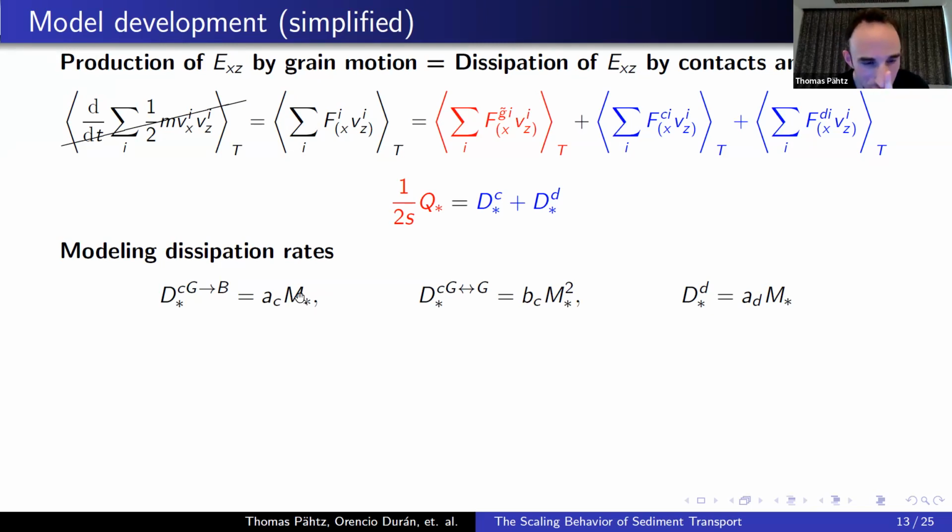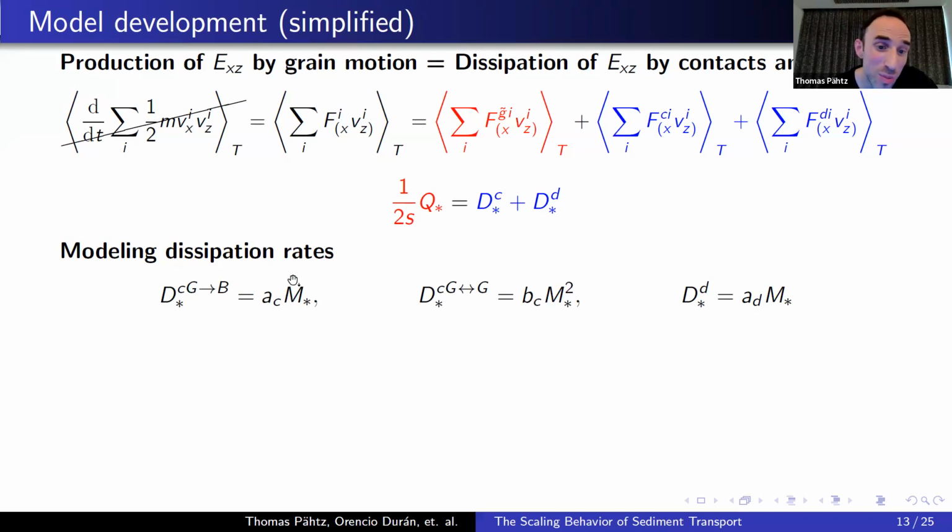So the dissipation rate by grain-bed collisions will be proportional to the number of grain-bed collisions. So this will give us that the m star dependency should just, for this reason, be m star to the power of 1, because we can show that m star is essentially also the number of particles in motion.